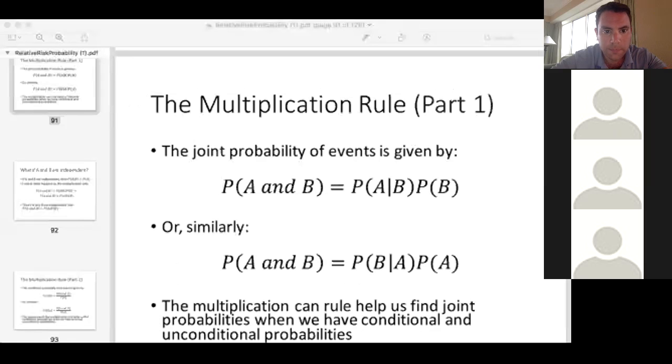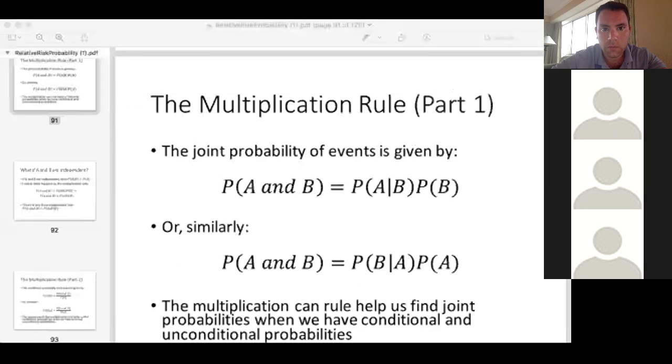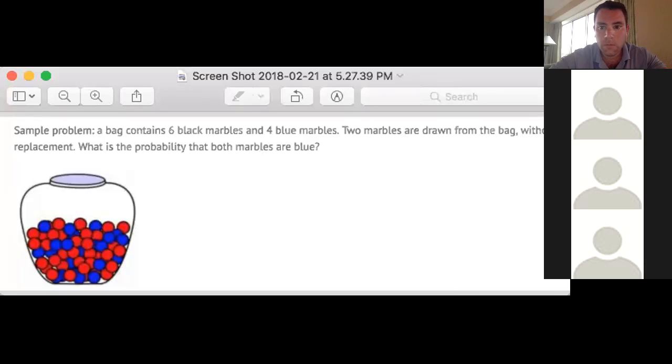So let's use this example and let's work on this together.